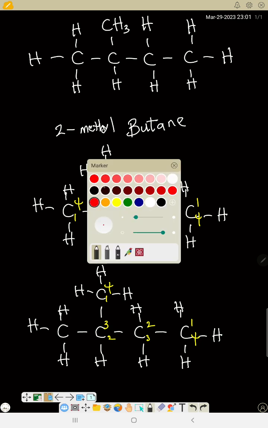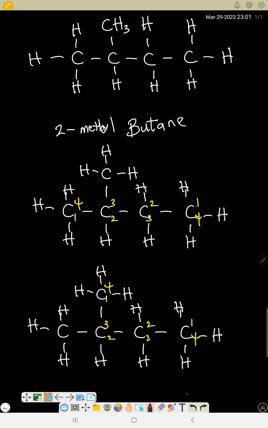So, and if your friend decides to number this way, not even straight this way, you will notice that this one that we did not number is an attachment. The same way, which one is very close to this attachment? Backward, this is 1 2 3. That means the attachment is after 3 carbons, like that way. So name it forward numbering again 1 2. The attachment is on 2 carbons. So you see the name is still the same. That will be 2-methyl butane.